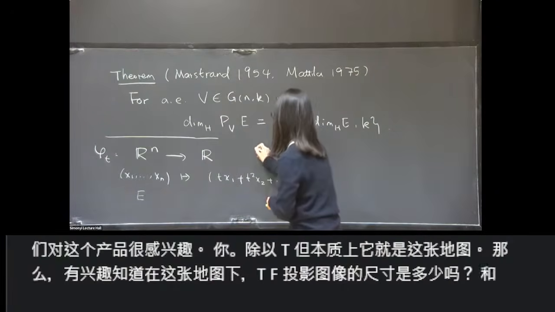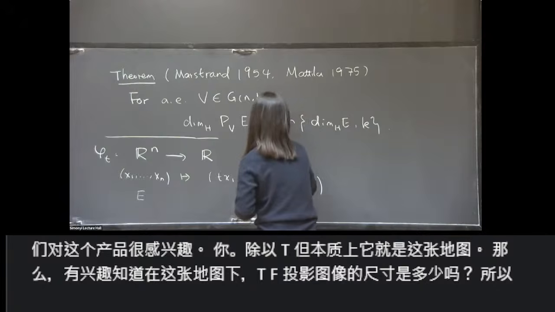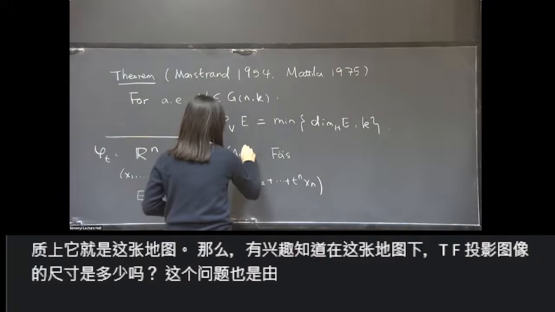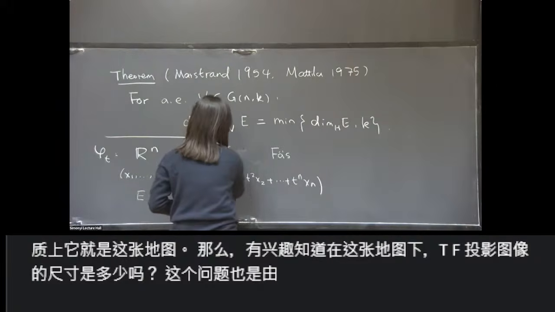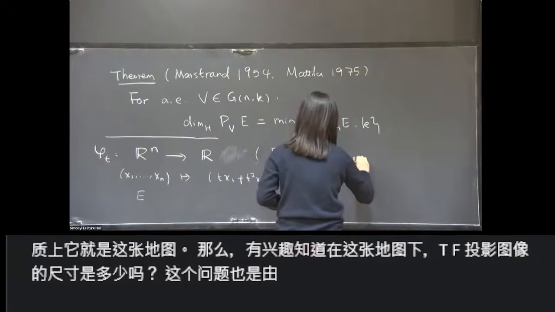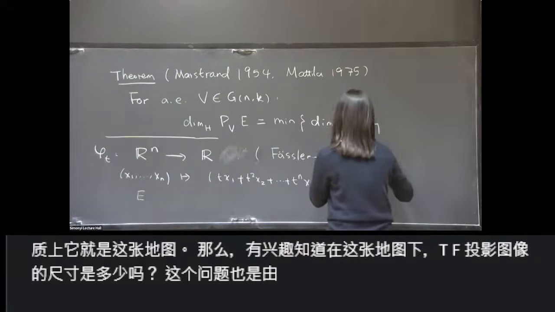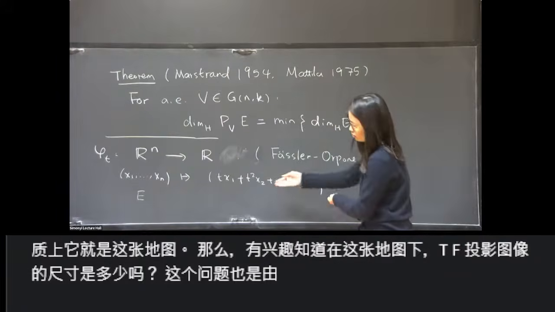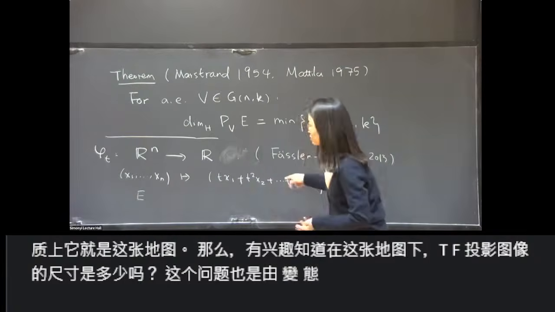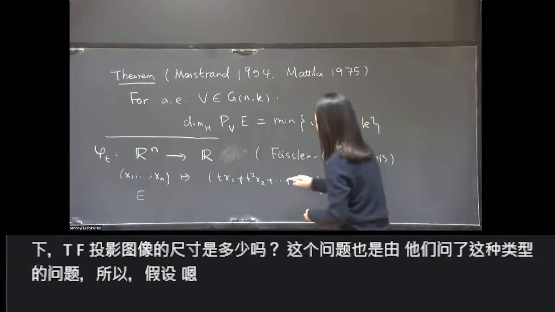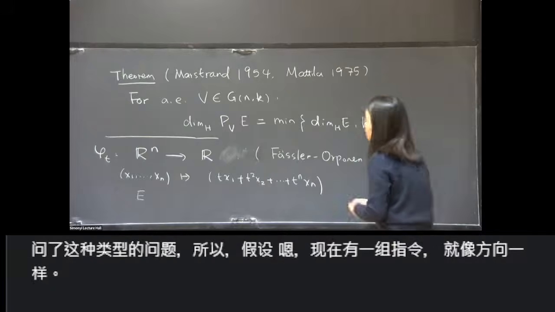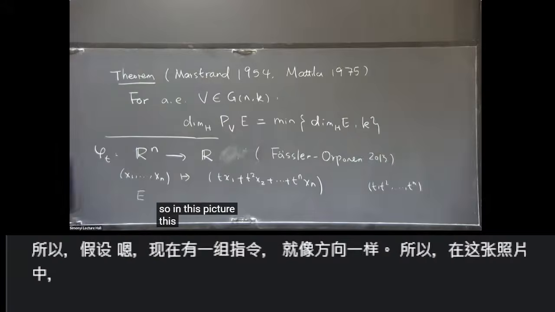This question was first asked by Orponen, I think in 2013, and they asked a question of this type. So suppose that the set of directions now is like the direction is (1, t, t squared, and so on).